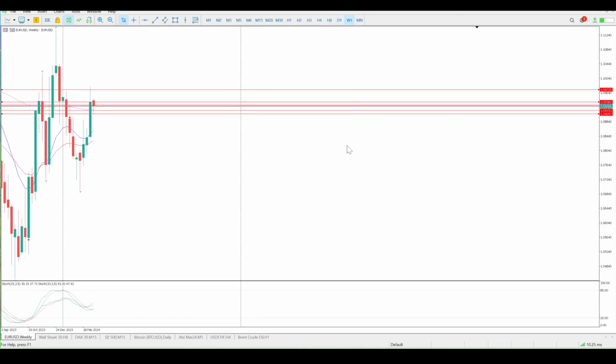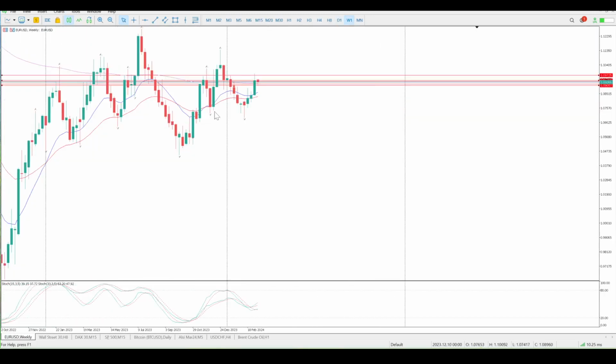And then the last thing is, remember, we talk about this all the time, but from a weekly perspective, we are slap bang on the 150 EMA here, and it's going to take a lot of effort for us to get through there. We were rejecting it all of last year. We had one fake out, two fake outs, and then we had big moves to the downside. But this is a higher low from where we were last year.